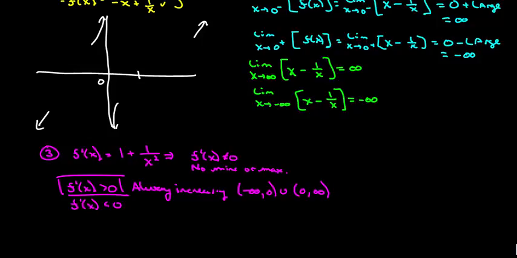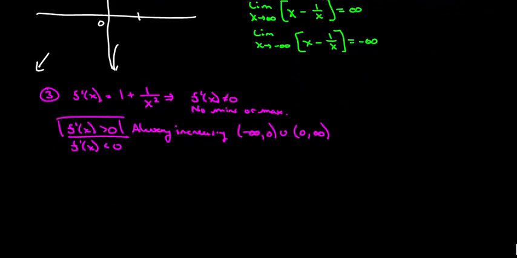Okay. Now we'll take a look to see if there are any inflection points. So that's f double prime of x. Now you've got to ask yourself, if there weren't even any cases for mins and maxes, are there going to be any cases for inflection points?